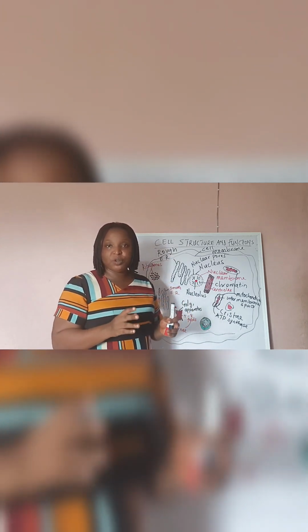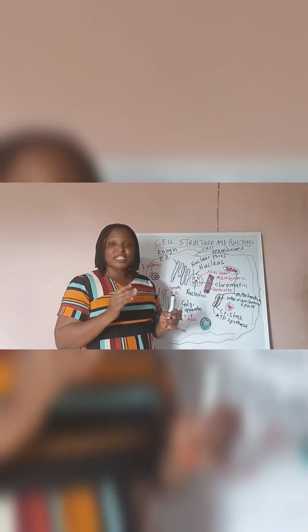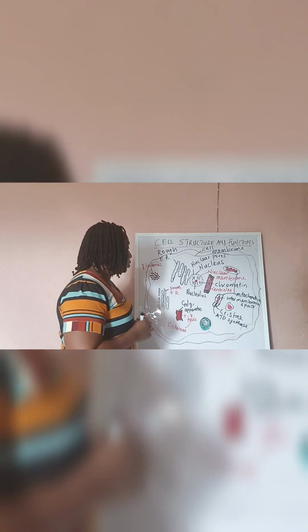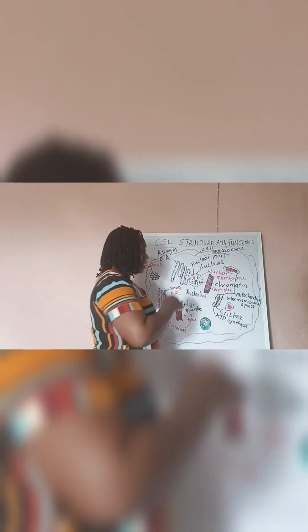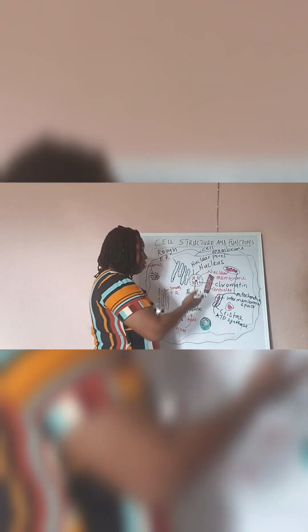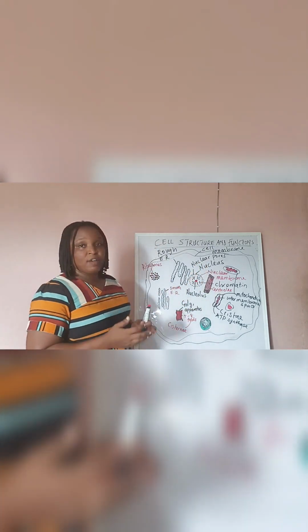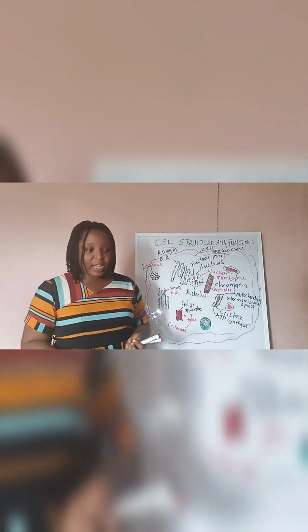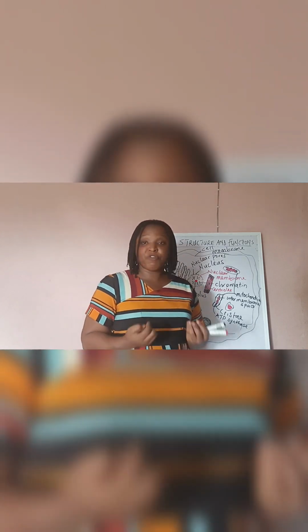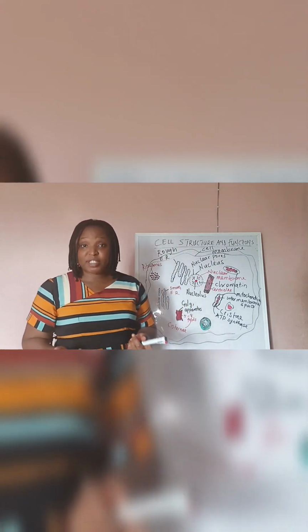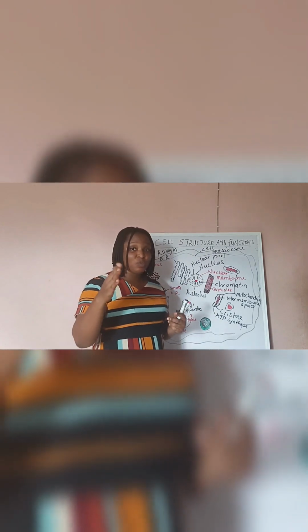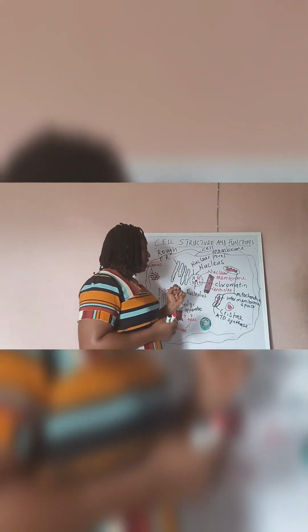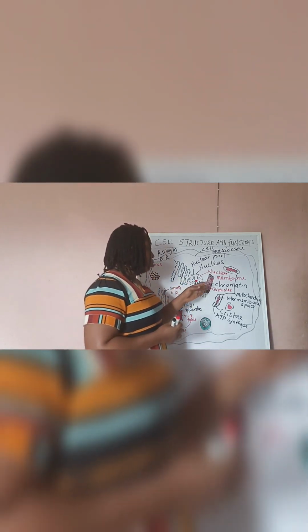Another thing is that the centriole forms the base for cilia and flagella, which cells use in movement. Like the sperm cell, it uses flagella to move. And they form microtubules.